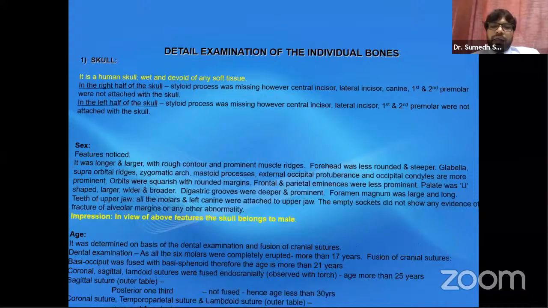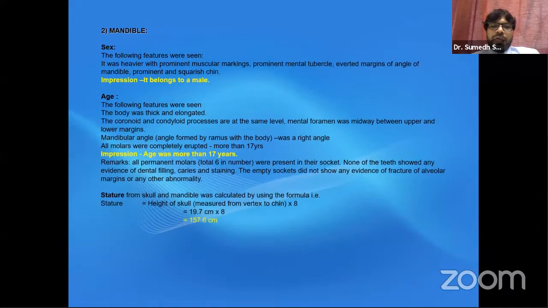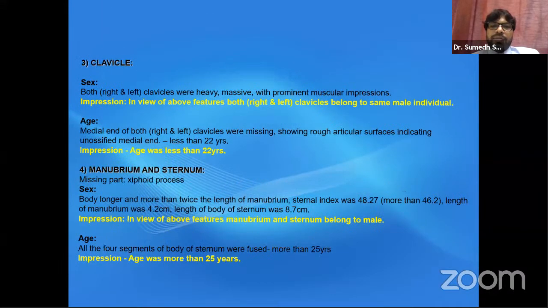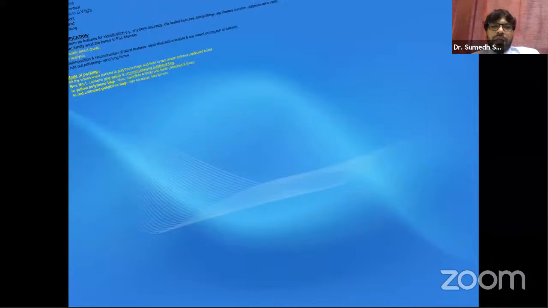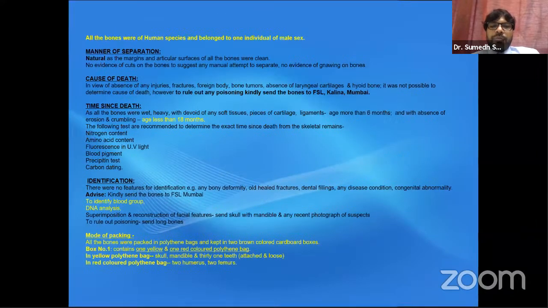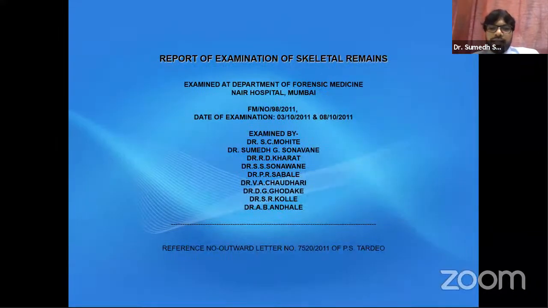When additional bones are there, the detailed examination is done, and the task is assigned to various people in the team, and then further comments are taken from certain experts.